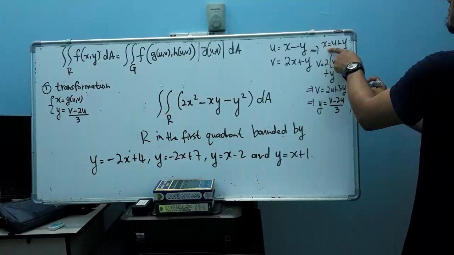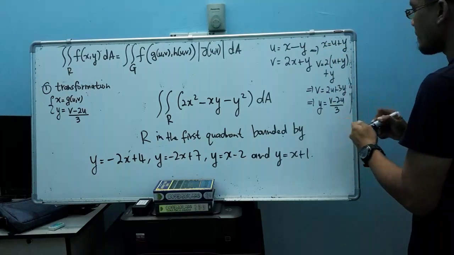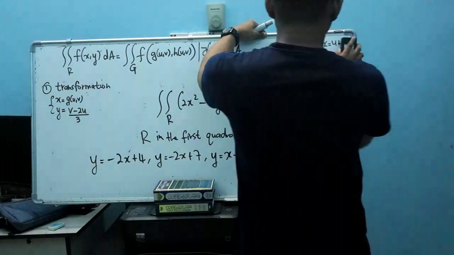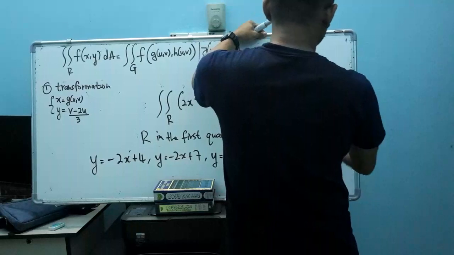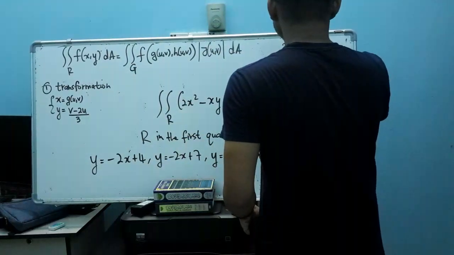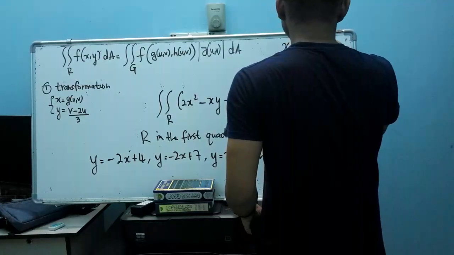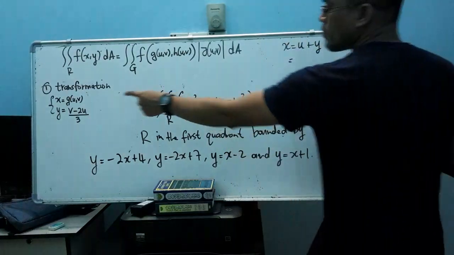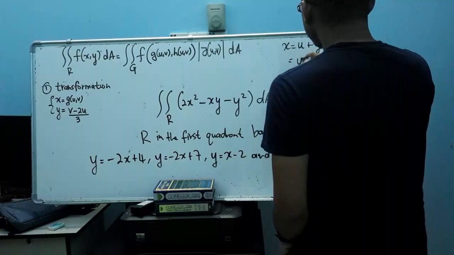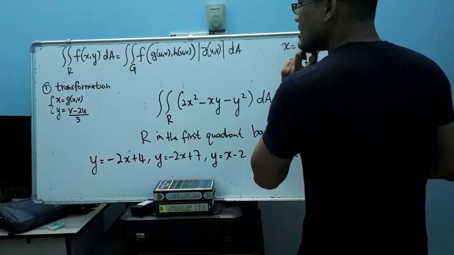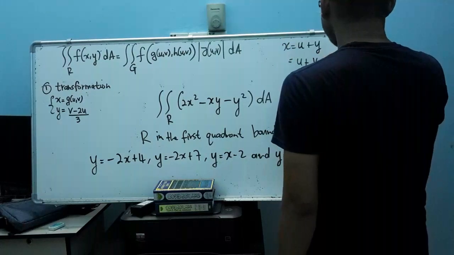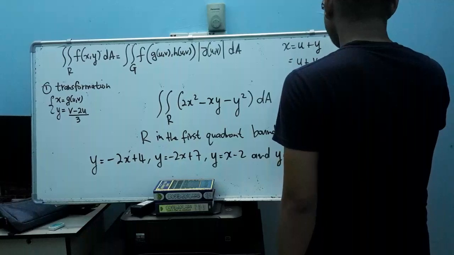After I have y equal to v minus 2u over 3, I can find my x. Since x is equal to u plus y, and my y is this one, I have x equal to u plus v minus 2u over 3.